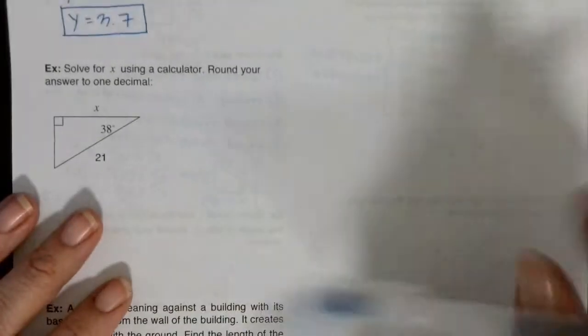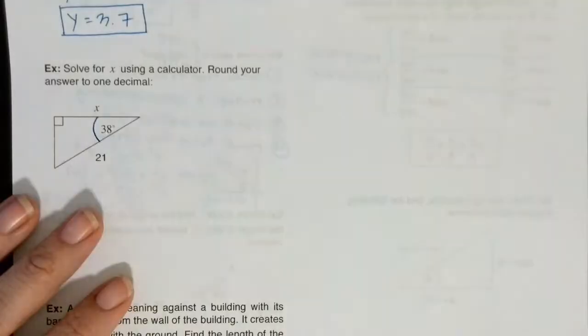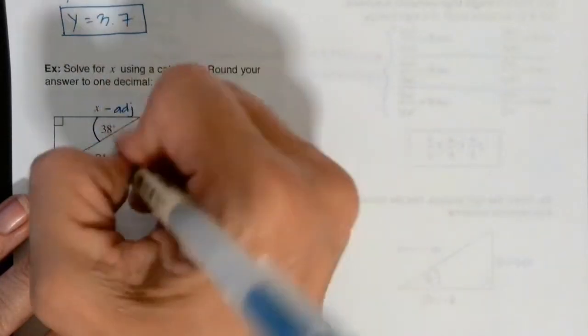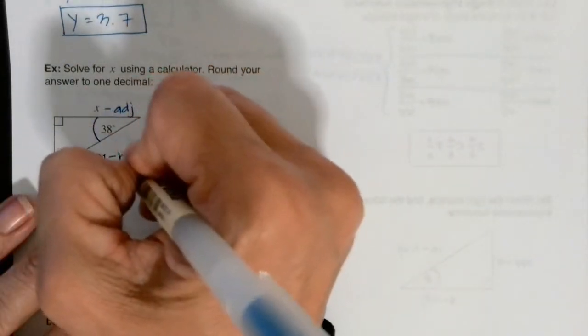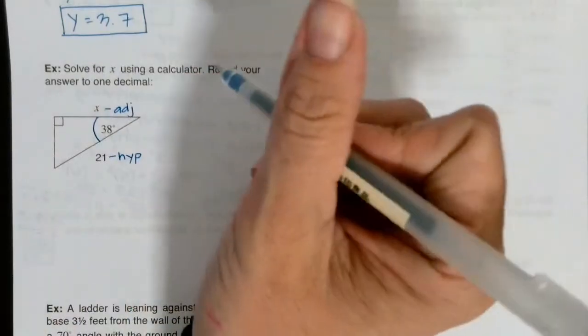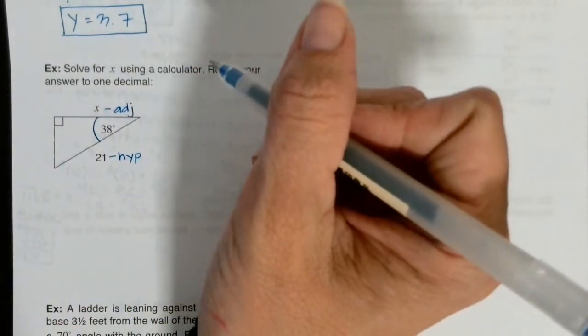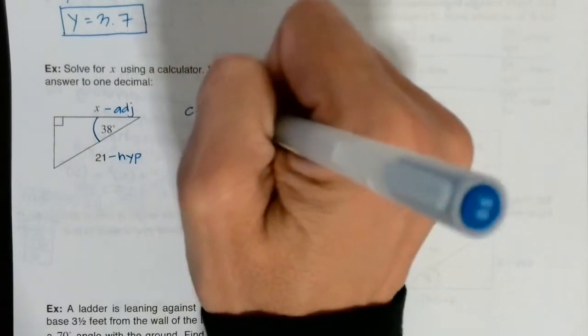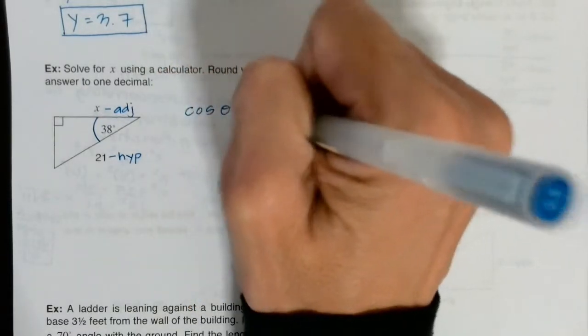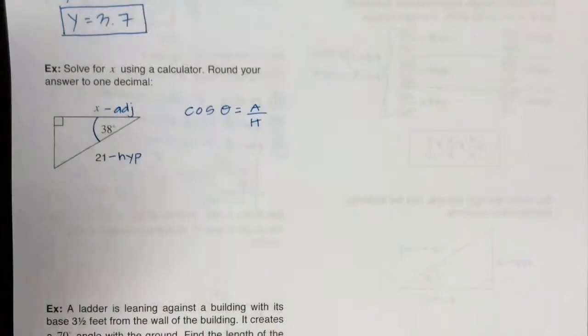All right, this one says solve for x using a calculator. Round your answer to one decimal. So the angle that they give us is 38 degrees. So this is actually the adjacent side because it's touching, and then the longest side is always the hypotenuse. So this is actually going to be the cosine of the angle, because cosine of theta, any angle, is adjacent over hypotenuse.